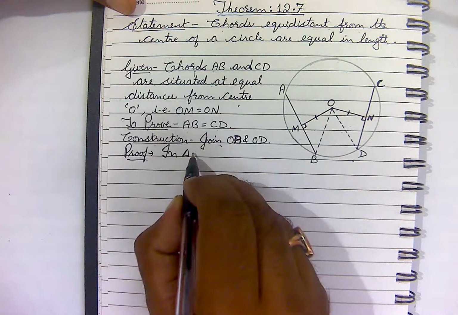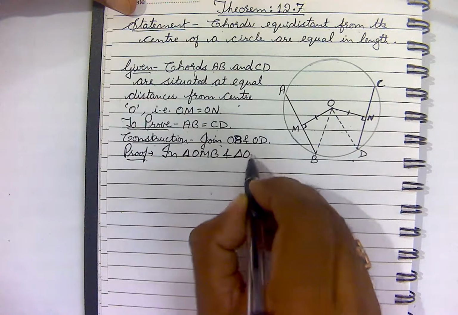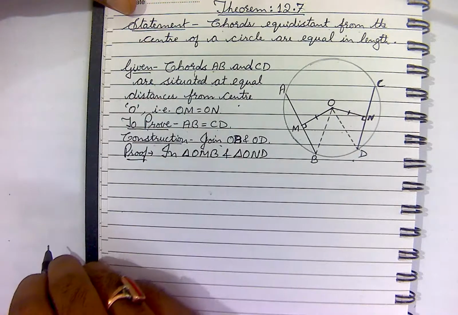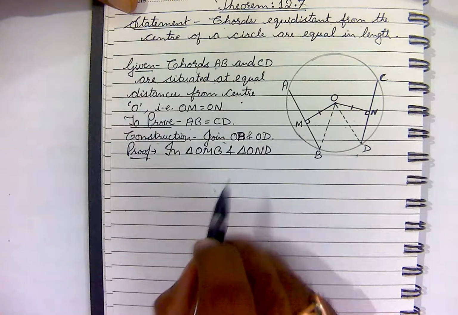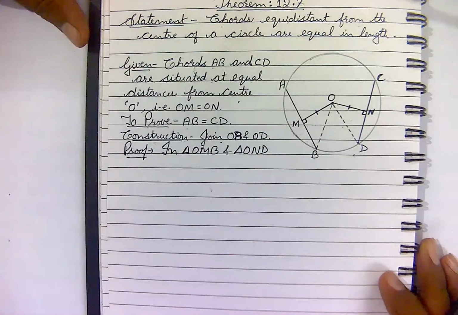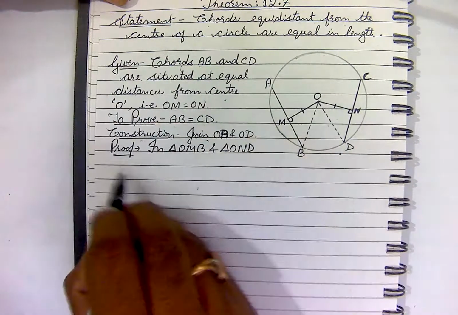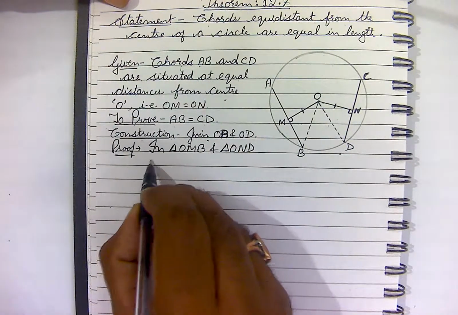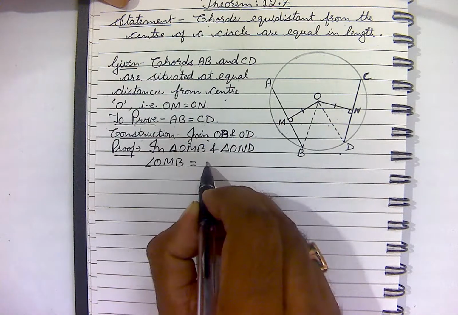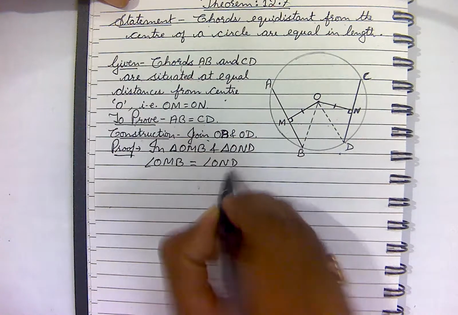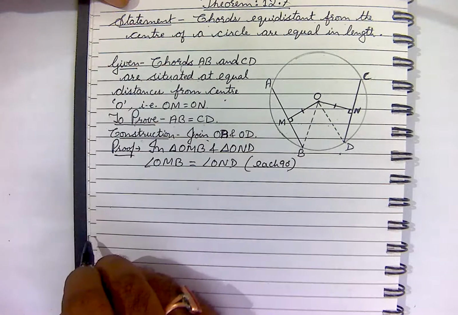So in proof, in triangle OMB and triangle OND, now consider the two triangles. In these two triangles, you can see here what parts are equal. So what do you have there? You have angle OMB is equal to angle OND, each 90 degrees.